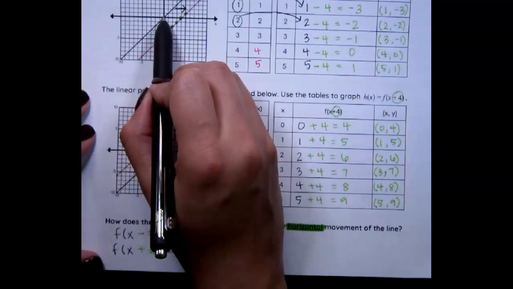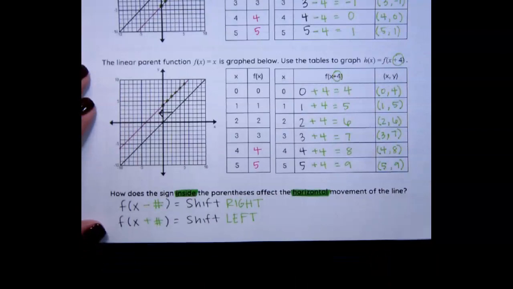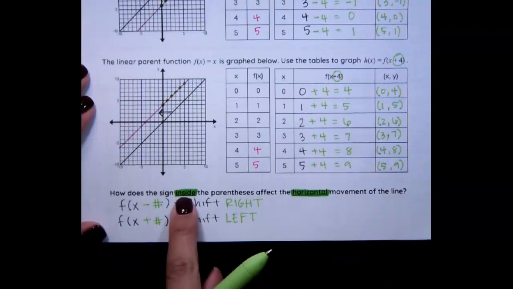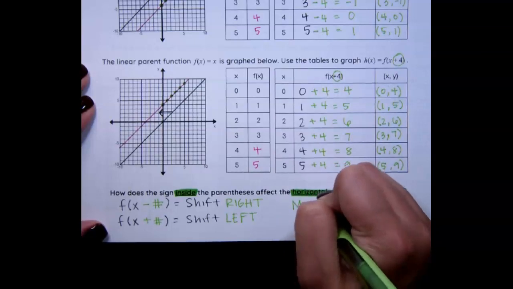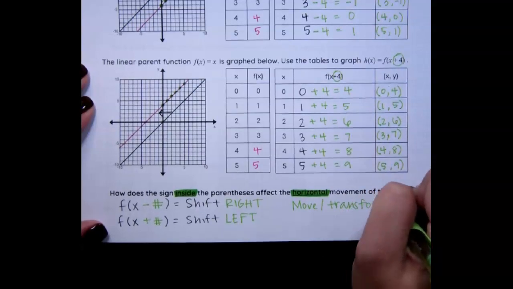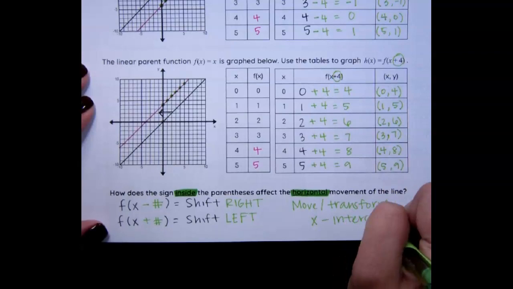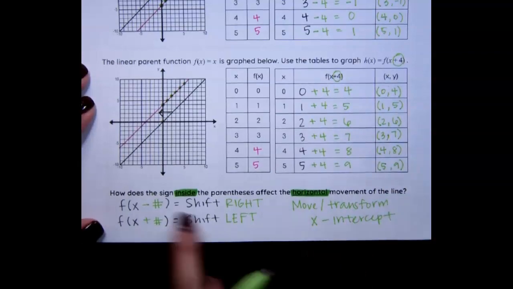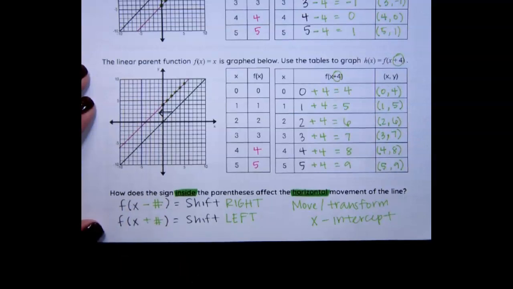In this example, we took the x-intercept and moved it over to the right 4 spaces. So when you have a sign inside the parentheses, it is going to cause you to move or transform the x-intercept. And it's easier to remember because that number that you're adding or subtracting is inside the parentheses next to the x.